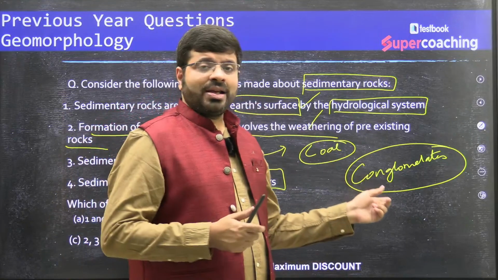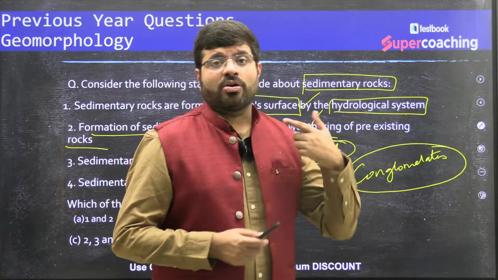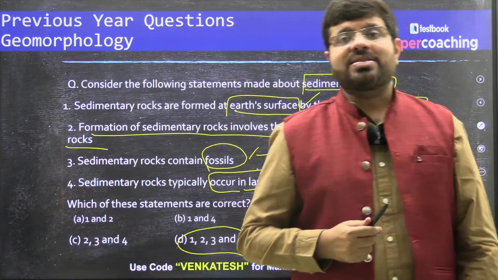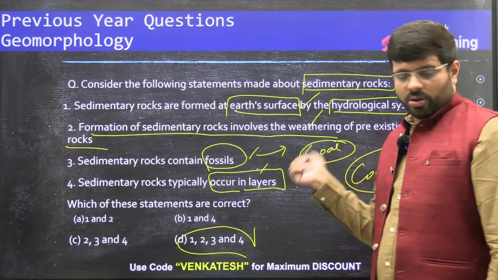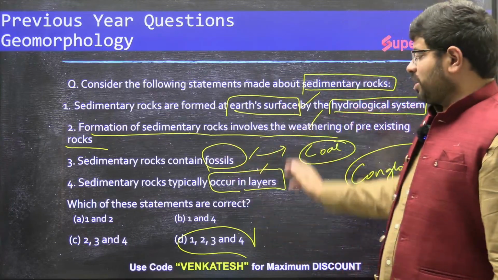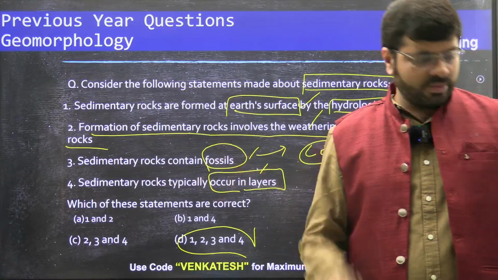So, Himalayan rocks of the Shivaliks are conglomerates which has accumulated over a period of time, layer by layer. That is the thing. So, this is one such variety, conglomerate rock. Have you understood this? So, all the four statements are right. Have you understood this? Shall we move forward to the next question?